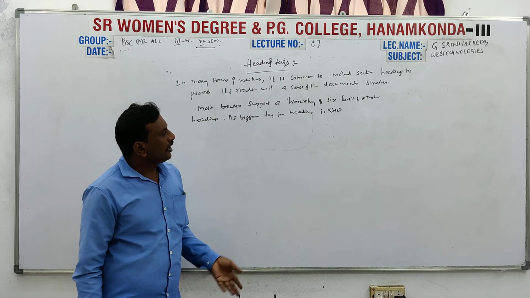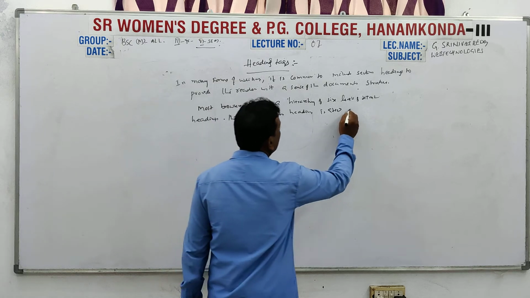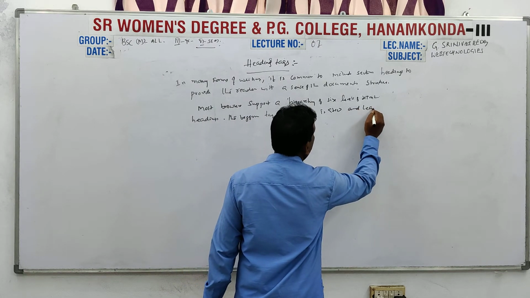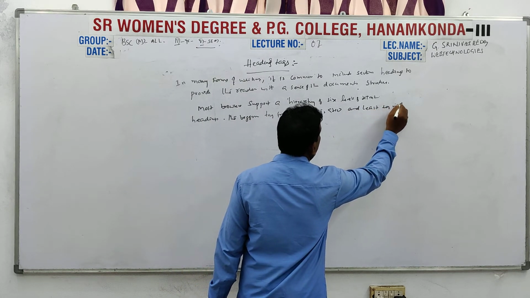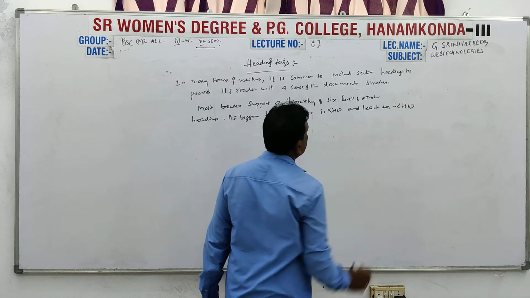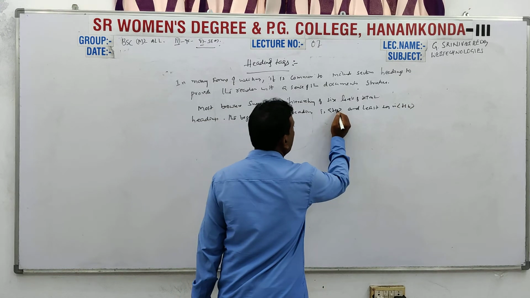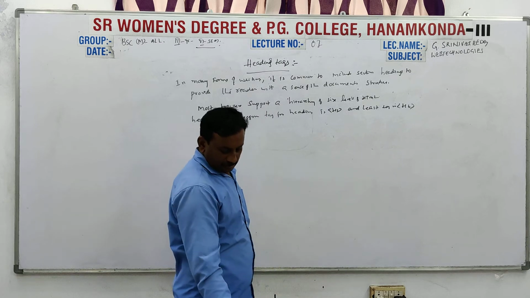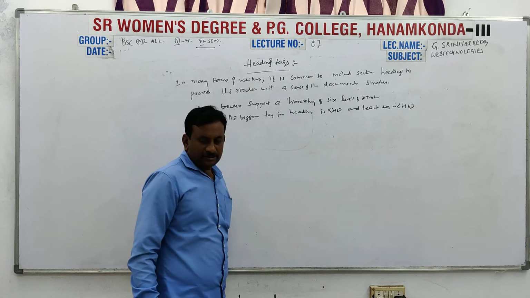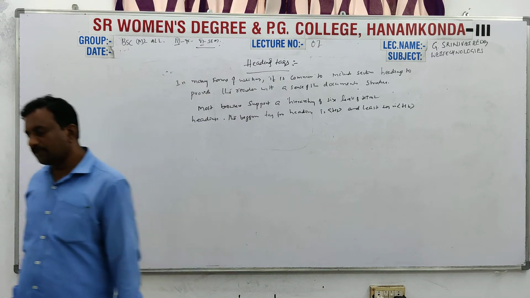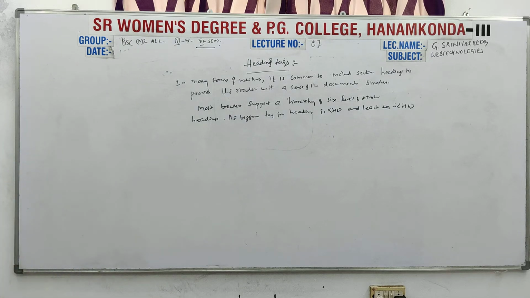The beginning tag is H1 and the last tag is H6, H1 to H6. You can write a sentence in a program of the heading tags, using all tags H1 to H6. Comparisons are mentioned here.